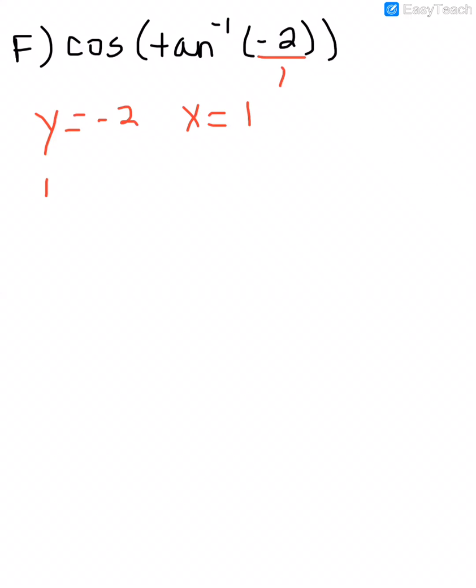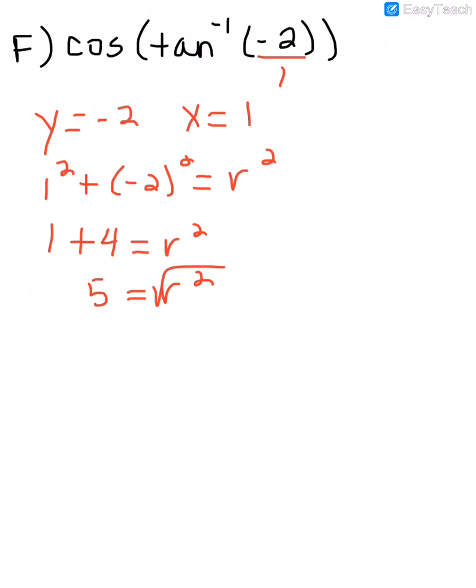Okay, so again, if I do the Pythagorean theorem, x squared plus y squared equals r squared. So that would be 1 plus 4 equals r squared. And that's 5. Take the square root. So r is the square root of 5. So that means cosine would be 1 over the square root of 5, and that would rationalize to become the square root of 5 over 5. And that's our answer.